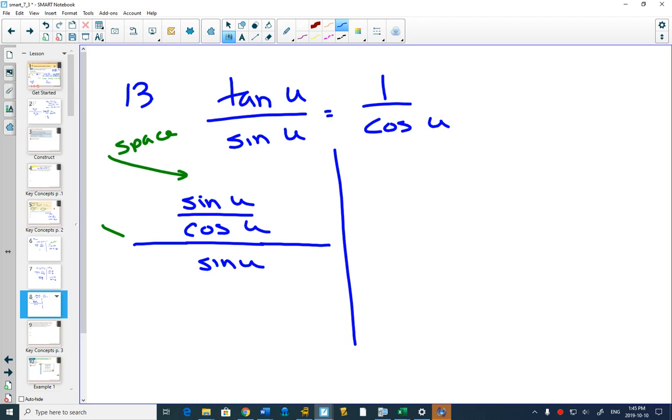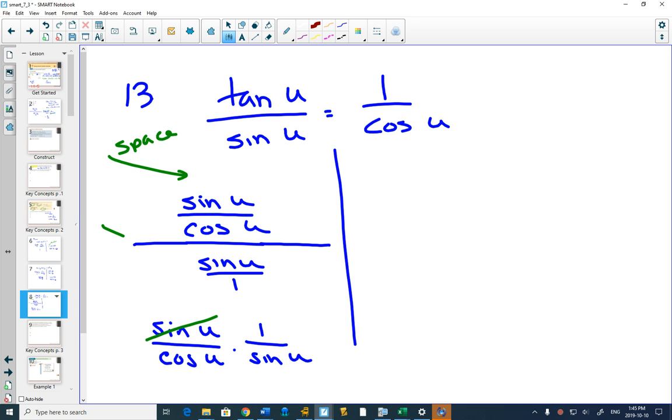How do you divide fractions? You multiply by the reciprocal. What is the fraction that I have on the bottom? I could write it as sine u over 1. So now a fraction divided by a fraction, multiply by the reciprocal.